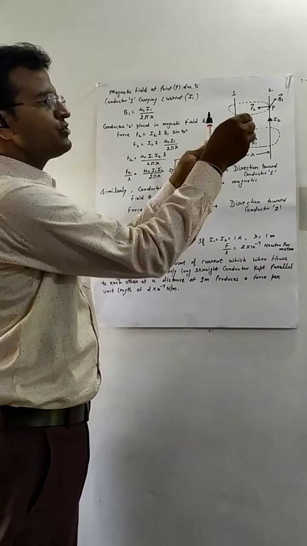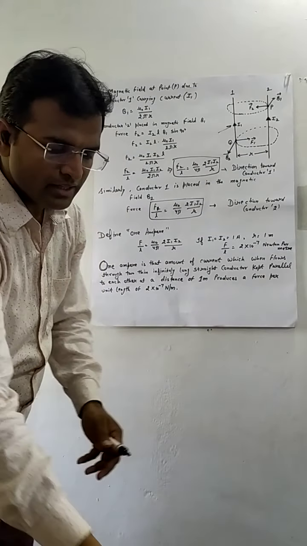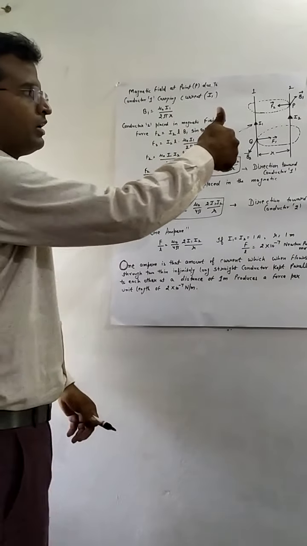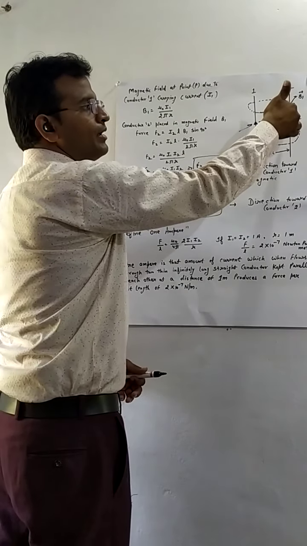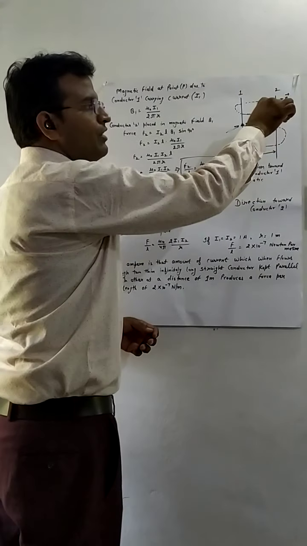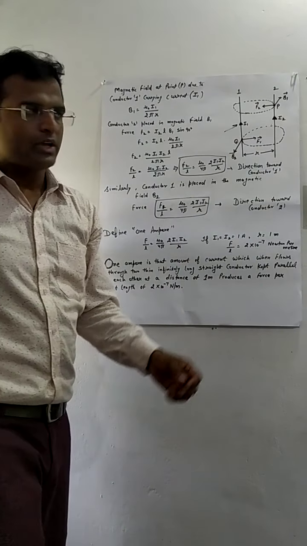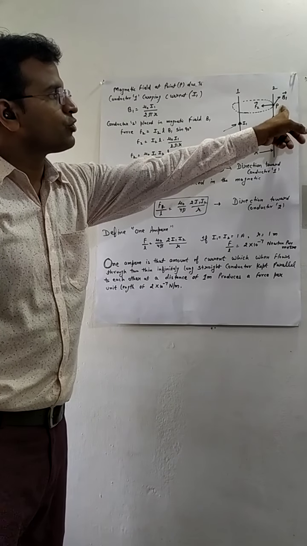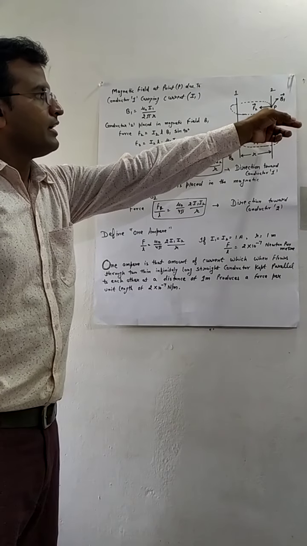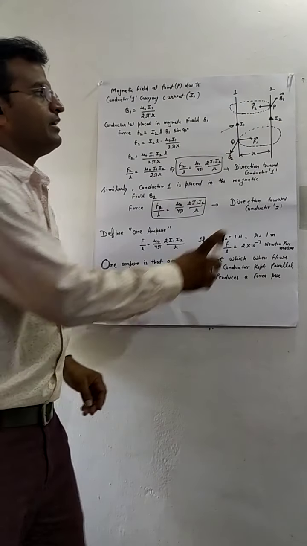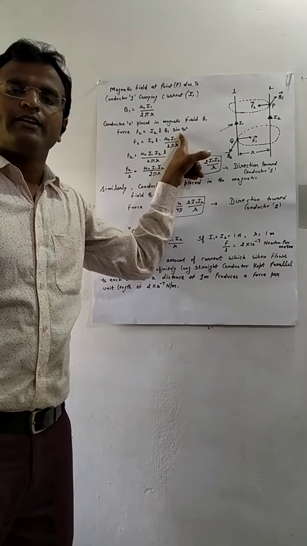Why? This is the direction of magnetic field. The direction of magnetic field is found using the right hand thumb rule. According to this rule, on the right hand side the direction of magnetic field is inward, and on the left hand side the direction of magnetic field is outward. At point P the direction of magnetic field B1 is inside the plane and this is the direction of current, both are perpendicular and the angle is 90 degrees.